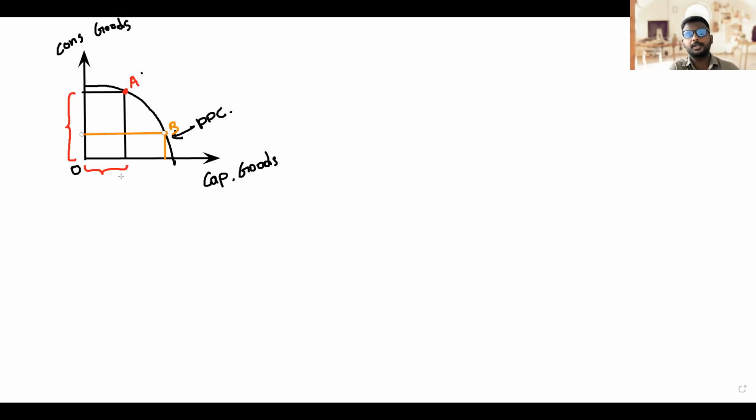Now, if I rephrase my question like this, point A combination, point B combination, there are two combinations shown on the PPC. Out of these two, the country would see a higher, better growth potential if they go with which combination, A or B?